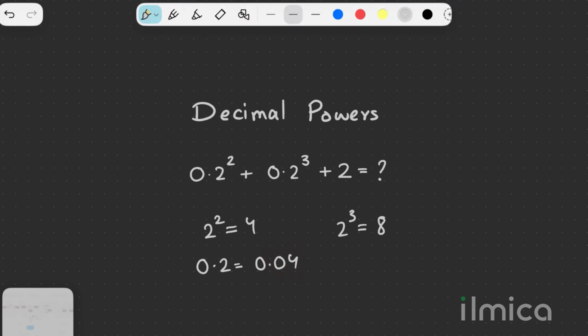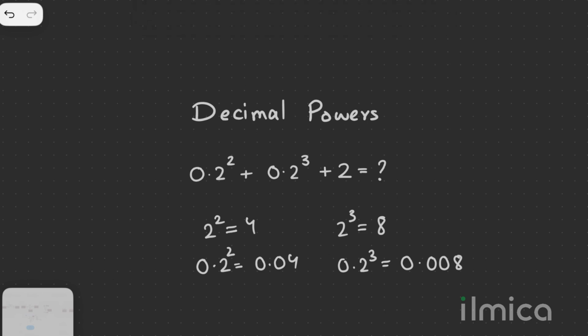The same will happen with the cube. So again, 0.2 cube, as we know, the cube of 2 is 8, but instead of writing down 0.8, we will write down 0.008.